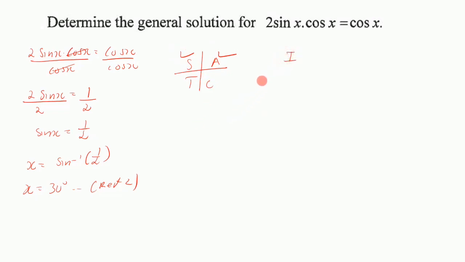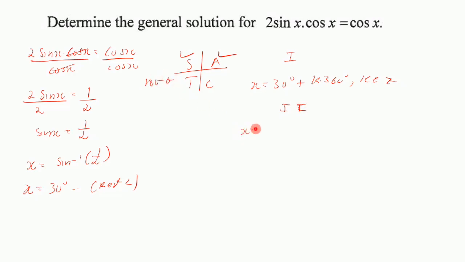We say first quadrant, this is x is equals to 30 degrees plus k 360 degrees, right? Then we'll just say k element of integers. Remember, first quadrant, you take it as it is. Then in the second quadrant, the reduction formula is 180 minus theta.